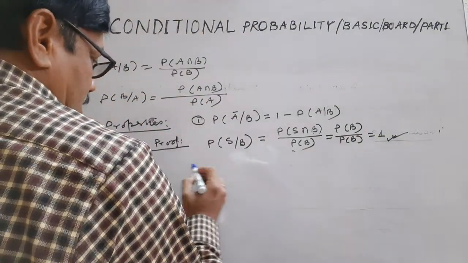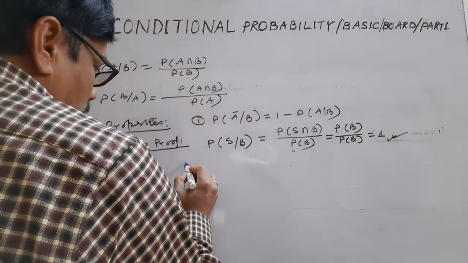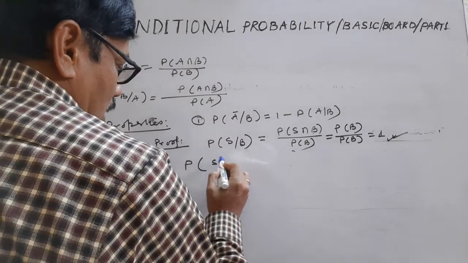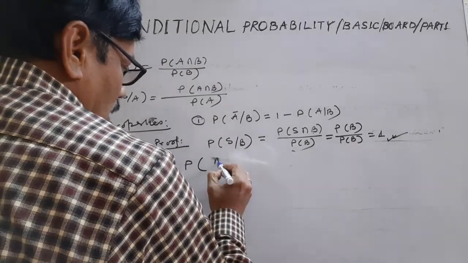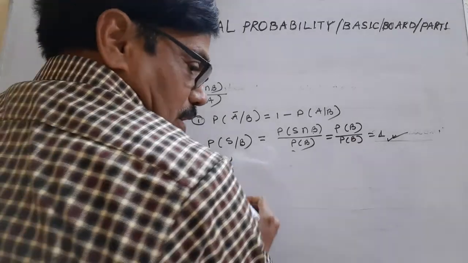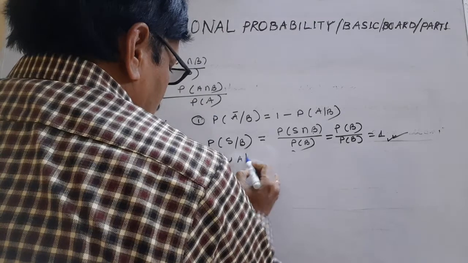Now what is S? S equals A union A dashed.